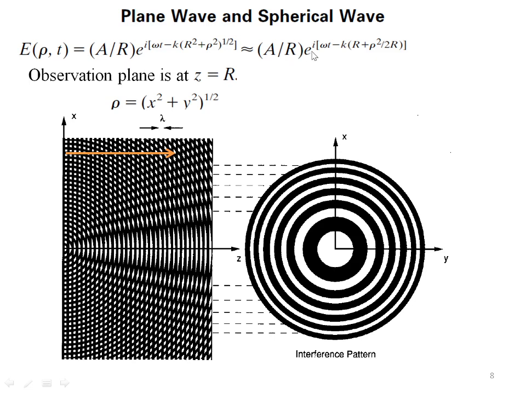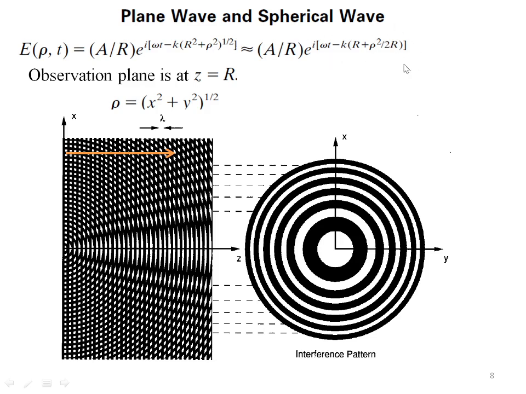So this is representing the electric field for a spherical wave. Now we are using some approximation here and applying the binomial theorem to this part. For applying the binomial theorem, let me take r outside. Then this will be 1 plus rho upon r whole square, raised to the power half.